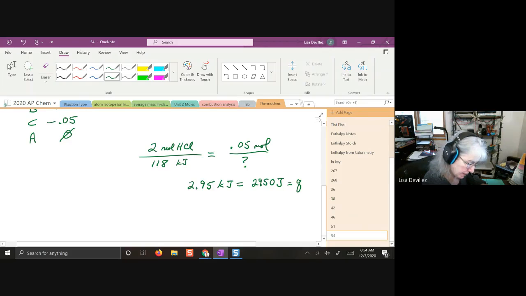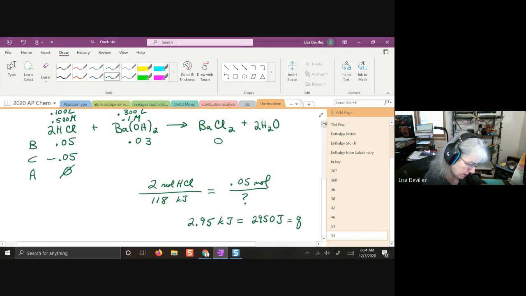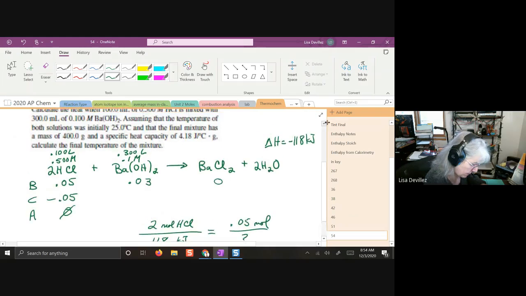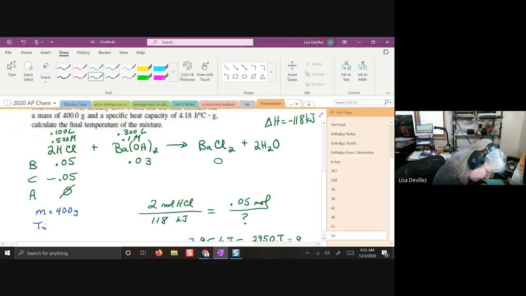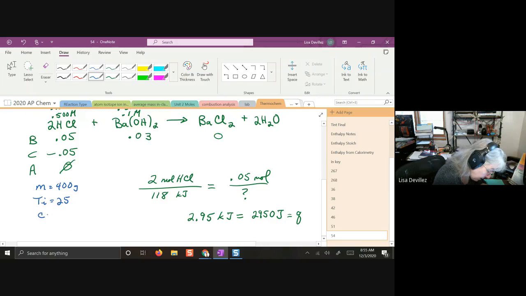All right, and then let me go back up and find what we had. Transfer this down here. So my mass is 400, T initial is 25, and we're going to use 4.18 for our specific heat.